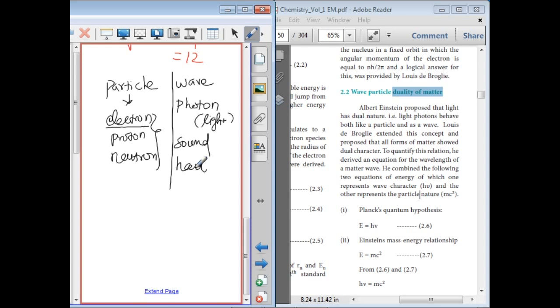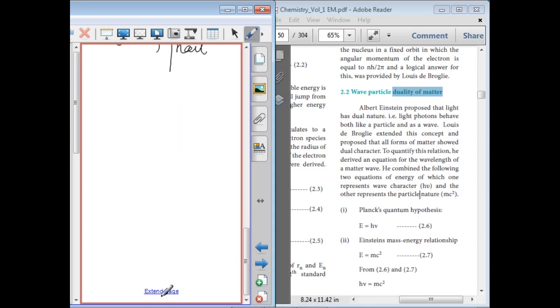So light has a dual nature, explained by the great scientist Einstein. Albert Einstein proposed that light has a dual nature. One is particle nature, another one is wave nature.